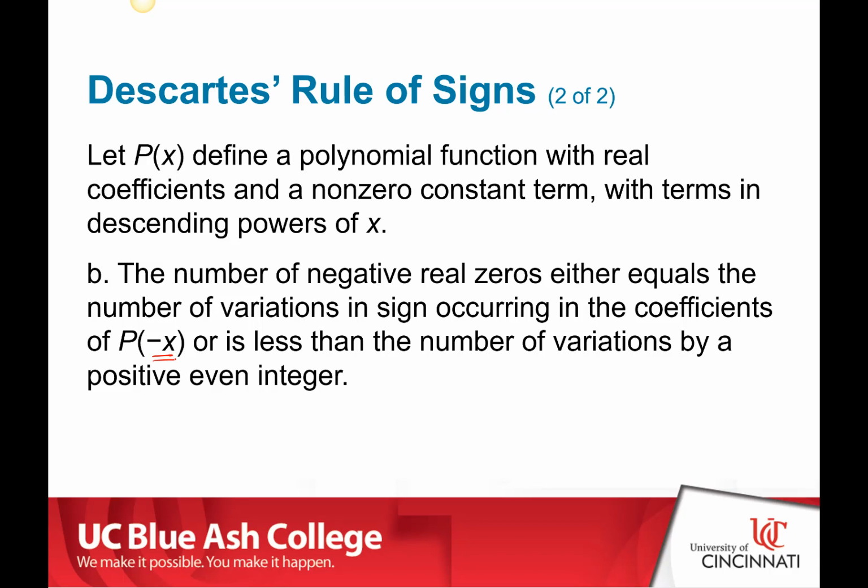Let's say we have something like y equals 6x to the 5th minus 11x to the 4th plus 3x cubed minus 8x squared minus 17x plus 4. Okay, to warm up, how many positive roots will this polynomial have?